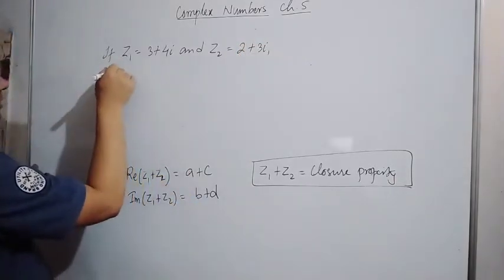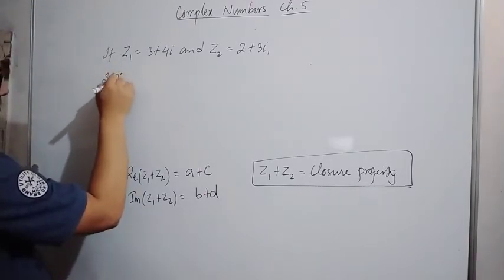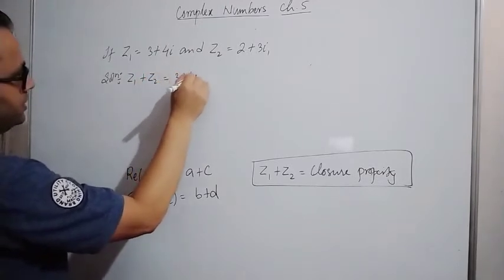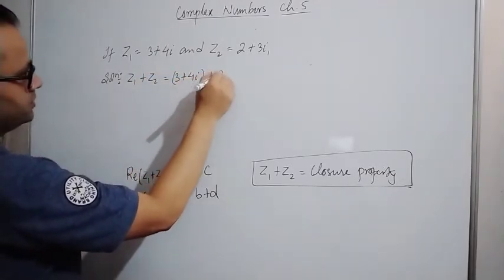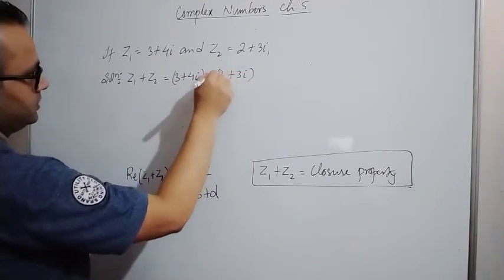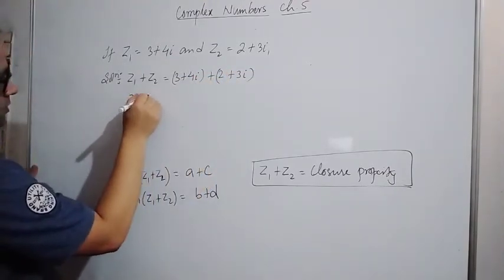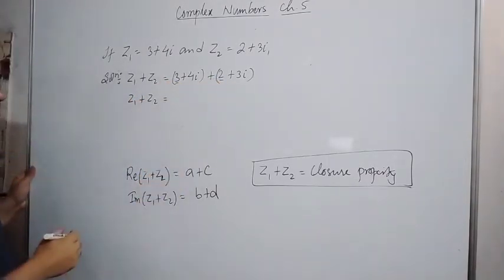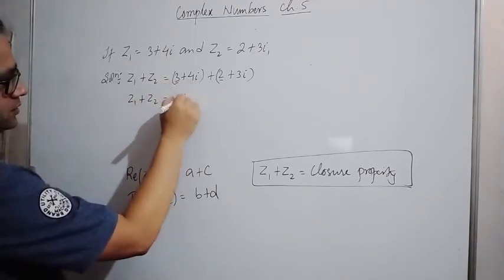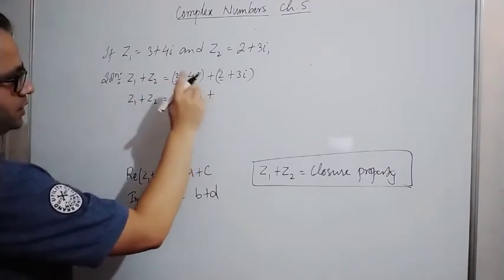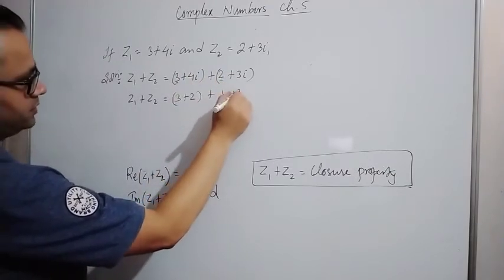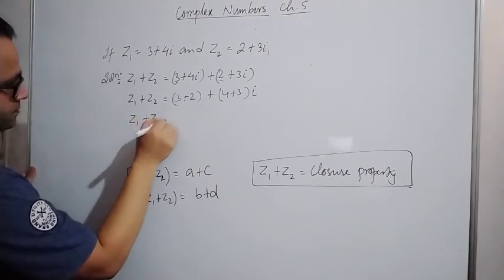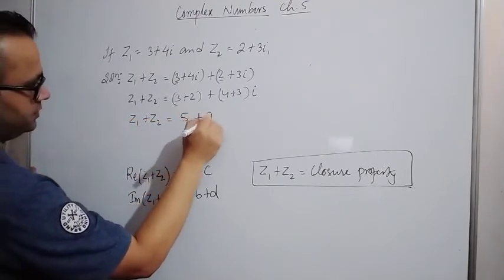Now first calculate z1 plus z2. So z1 plus z2 equals 3 plus 4i plus 2 plus 3i. Now make a group by taking like parts. So 3 plus 2 is the real part. Now we can take i common, 4 plus 3 times i. So z1 plus z2 equals 5 plus 7i.